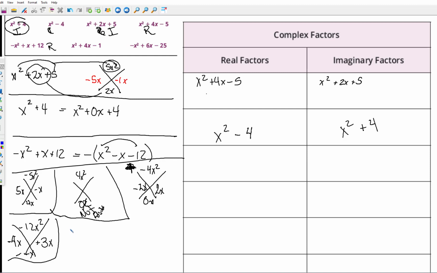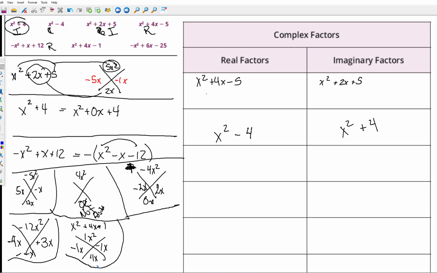On the next one, we have x squared plus 4x minus 1. What goes in the top part of my x? What two things multiply together to give me 1 that will add to give me 4? So 1x squared is either made up of 1x times 1x or negative 1x times negative 1x.